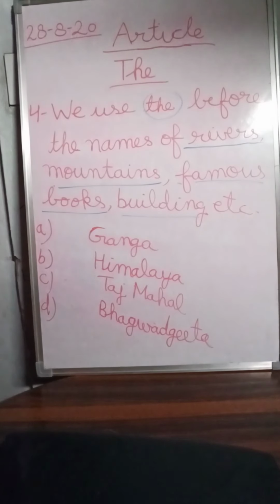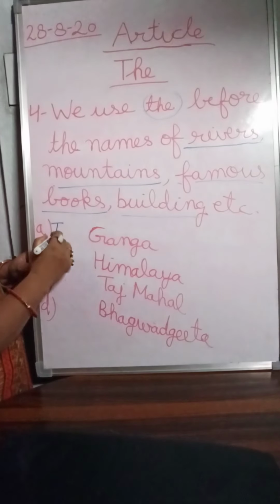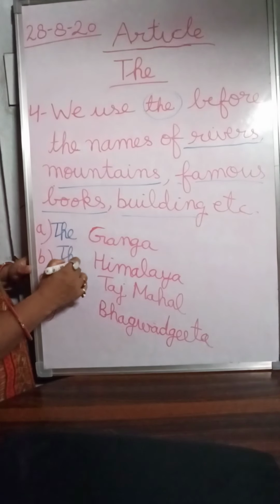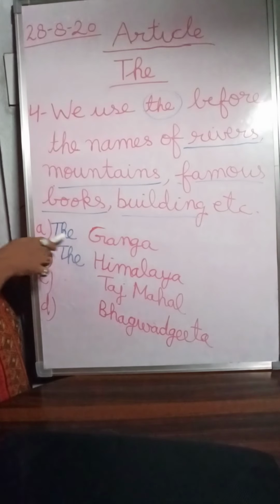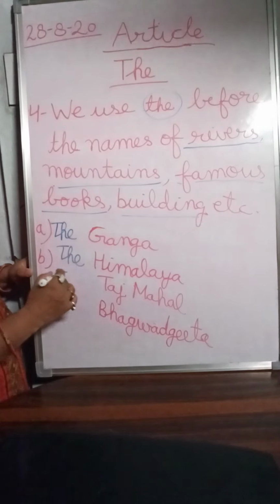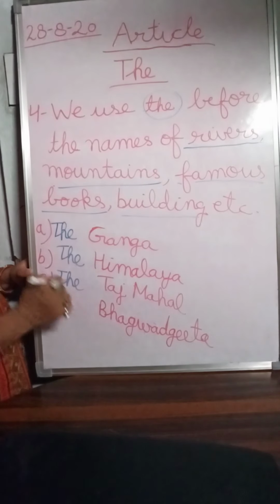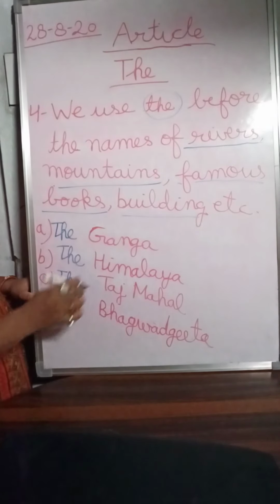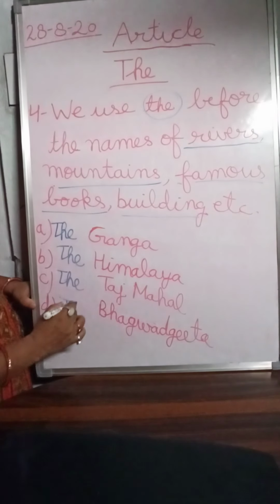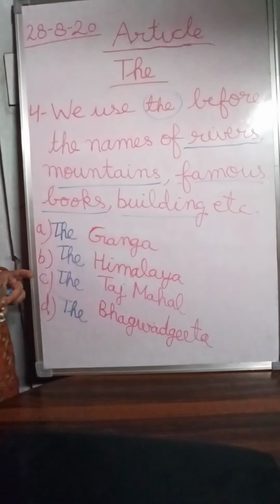Okay. Now see, before Ganga, I will write the Ganga. Then it is the Himalayas. Before river, we will write the. Before mountain, we will write the article. Before any famous building, we will write the. And this is Bhagavad Gita, a famous book of Hindus. Before it, we will write here article the.